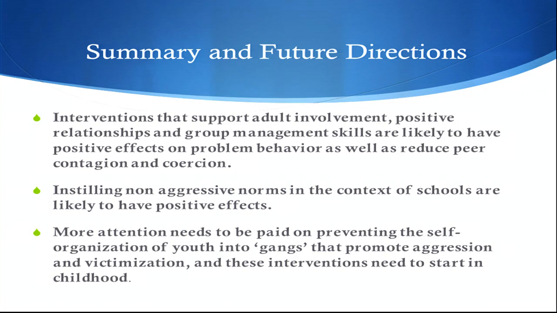Kids respond well to that, and you can reduce both coercion and contagion dynamics with that kind of strategy. Some great examples are PBIS, and I see Catherine's here, and others, the Good Behavior Game, and the Olweus program. Instilling non-aggressive norms in the context of schools is likely to have positive effects.